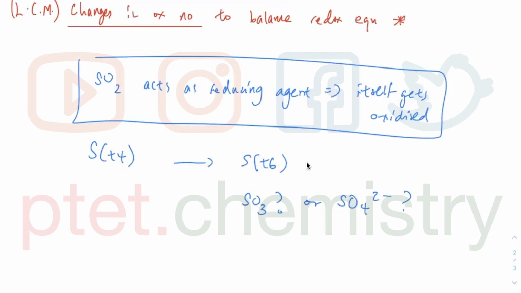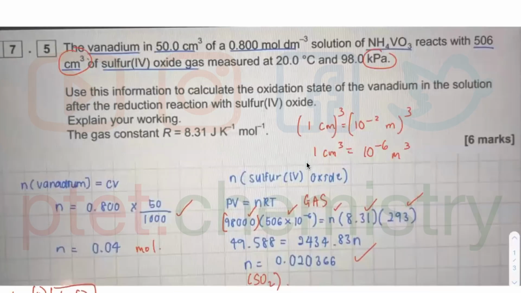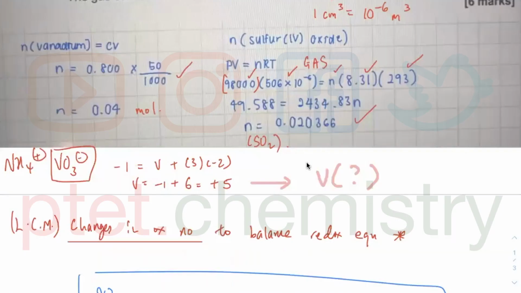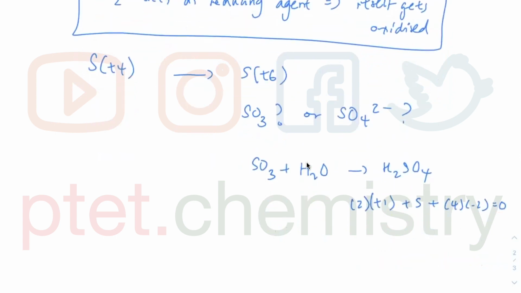When SO3 dissolves in water, which you do have at some point because you have a solution, even if you produce SO3, which is a gas, it can dissolve in water to give you H2SO4. In H2SO4, you have 2 hydrogens, sulfur, 4 times minus 2 equal to 0. The overall oxidation number of the molecule is 0.